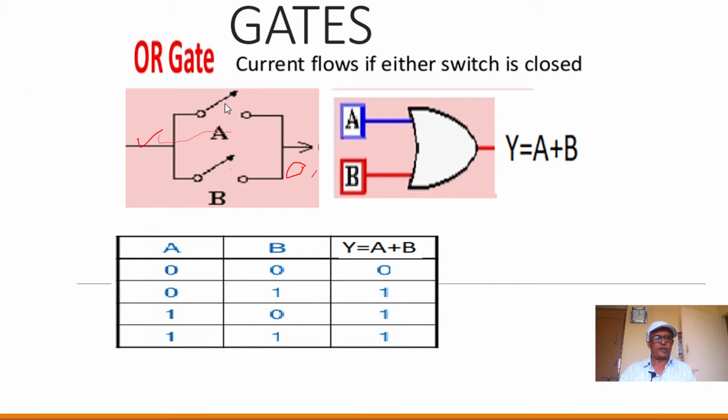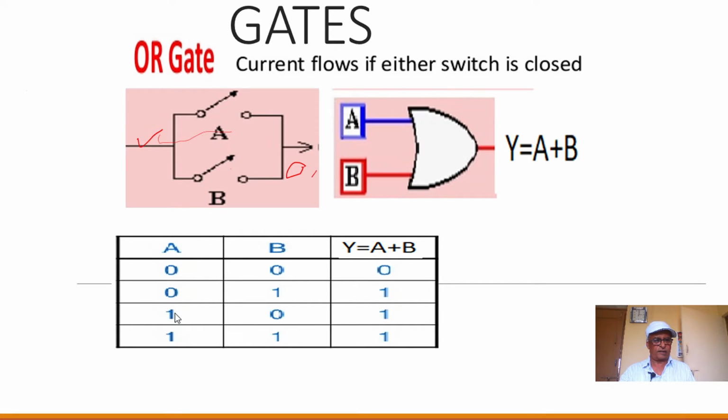If switch A is on and B is off, or if switch A is off and B is on, A is off means A is 0, B is on means B is 1. Even though A is off, the input gets connected through switch B to the output. So there is a connection, hence we can say that the output is 1.